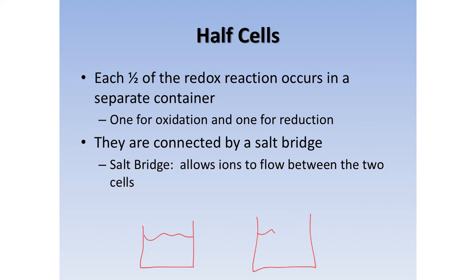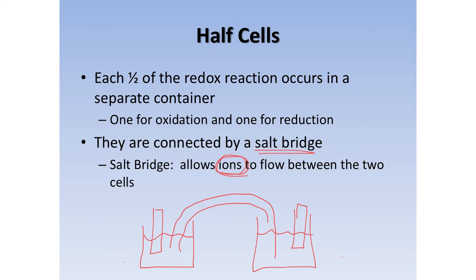Each beaker has reduction occurring. Your two half cells are connected by a salt bridge. So a salt bridge is literally, remember, salt means ionic salt, so it literally is an ion bridge. It allows ions to flow back and forth between the two beakers.